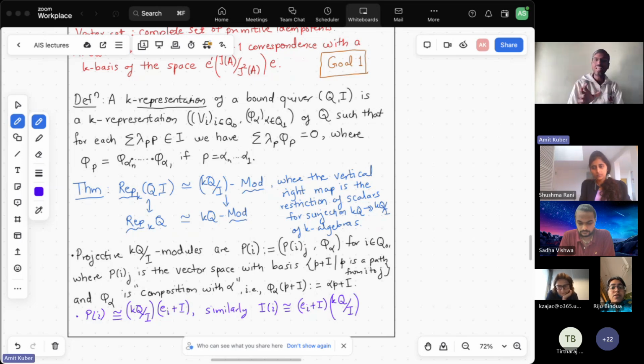It could be that this particular path is killed by the ideal. This p belongs to the ideal, or some subpath of it belongs to the ideal. In that case, that won't contribute to the basis. So a priori, we cannot count the dimension unless you know the ideal very well.